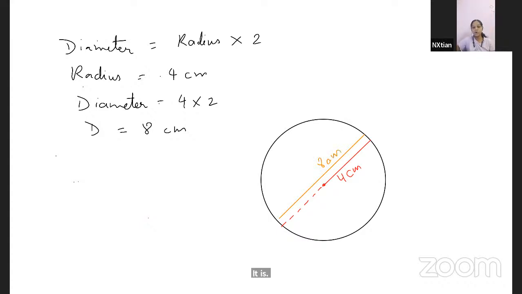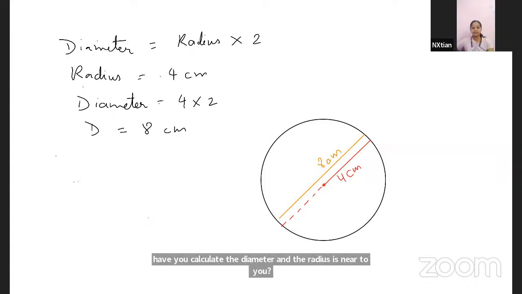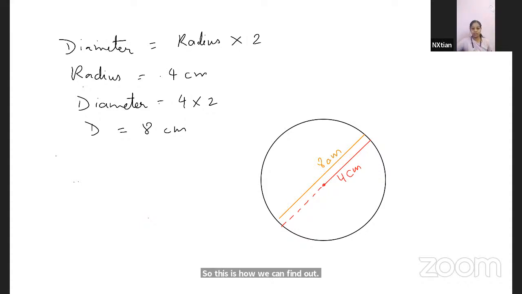Hope how to calculate the diameter and the radius is clear to you. So this is how we will find out the diameter and the radius. If diameter is given, to find the radius, you divide it by 2.